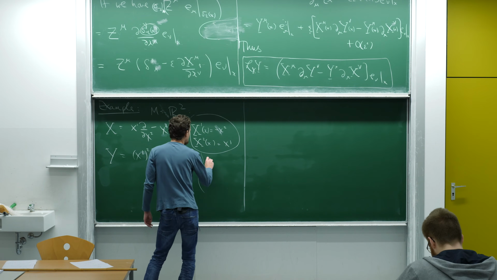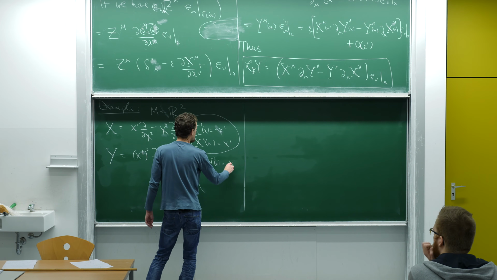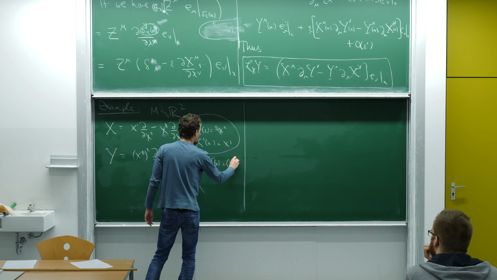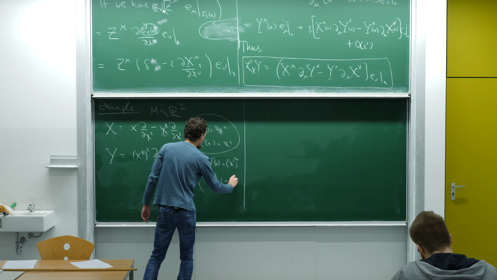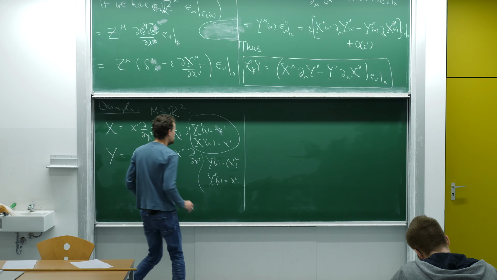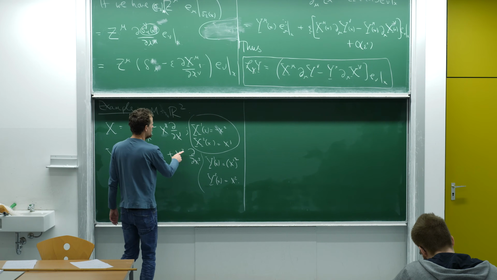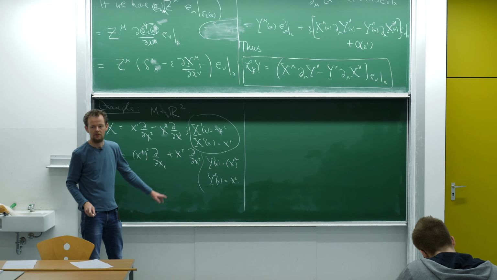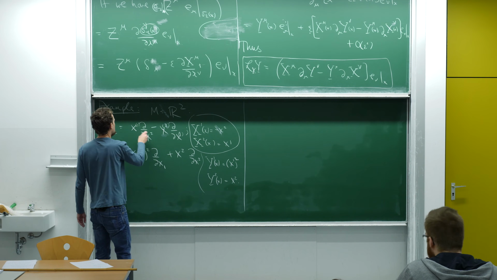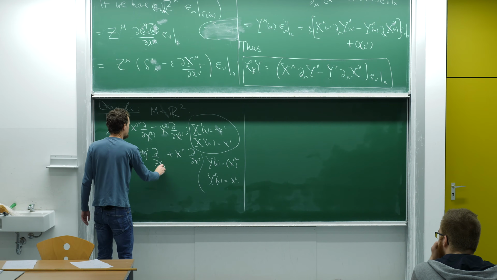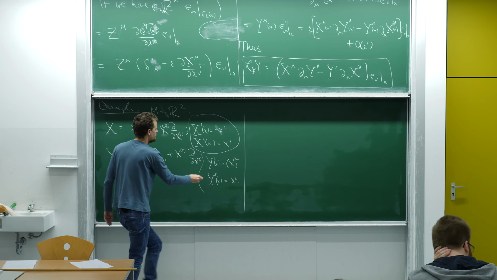And similarly, Y^1 as a function of the argument is x1 squared, and Y^2 is x2. Yeah, I guess it's probably safer if I just put brackets around everything here so that we don't confuse coordinates with powering.